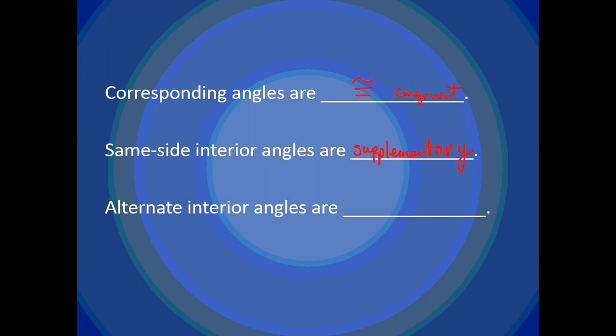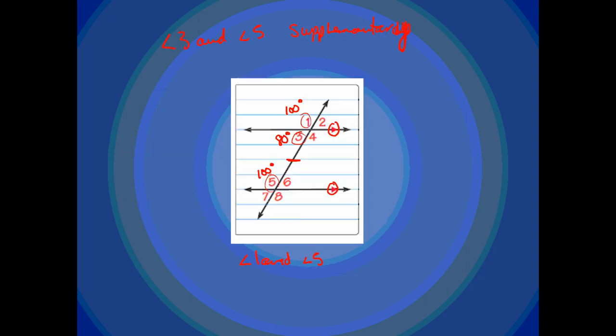Alternate interior angles. If I go back and take a look at my alternate interior angles, they would be like angle 5 and angle 4. They have to be in between the two lines and they have to be on opposite sides of the transversal. So 5 and 4: if I know that 5 and 3 are supplementary, I can therefore come to the conclusion that 5 and 4 have to be congruent to each other.